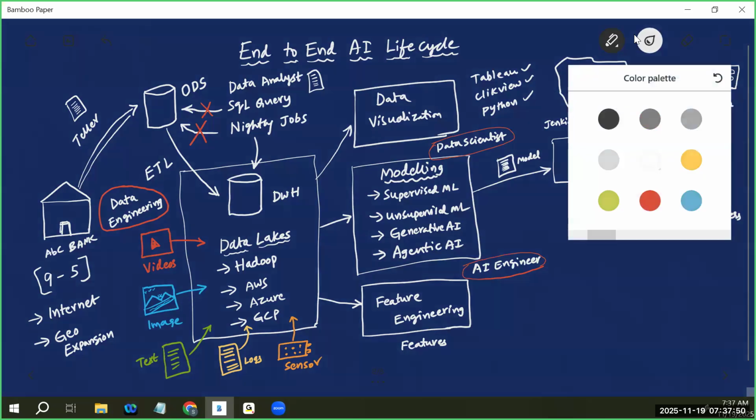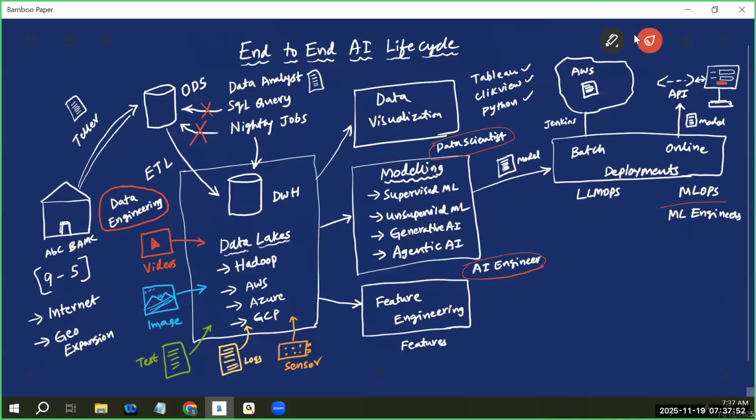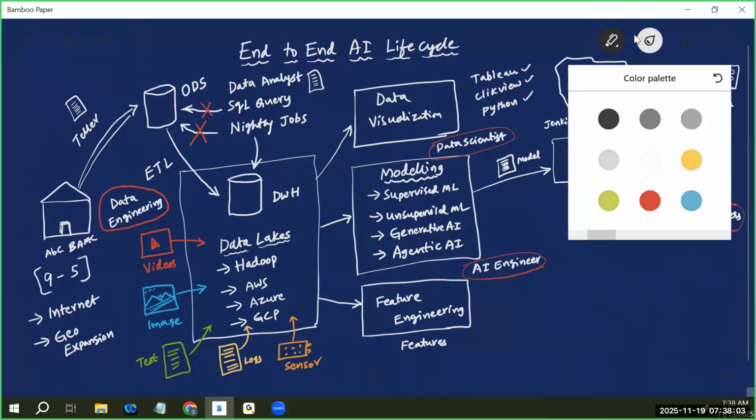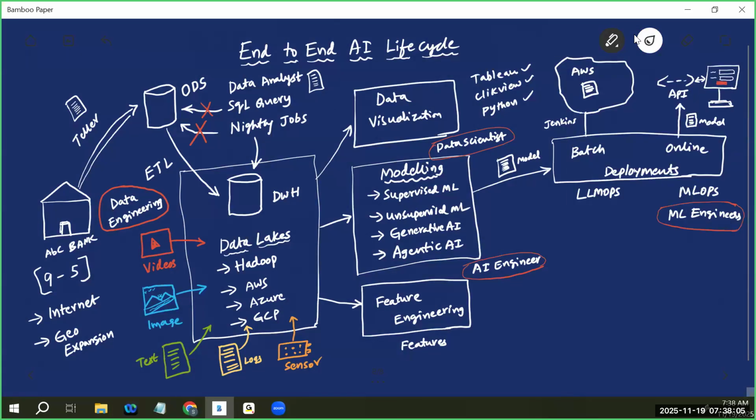So this is another door for getting into the AI pathway. All right. So this is one more thing.